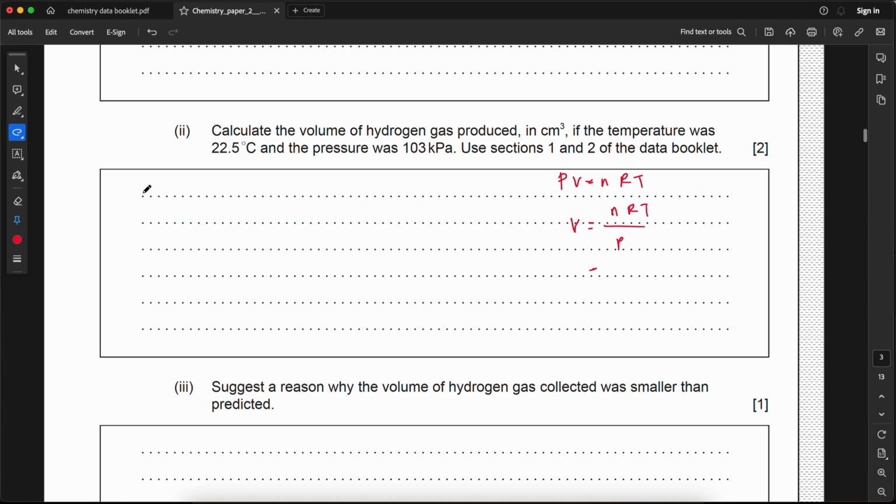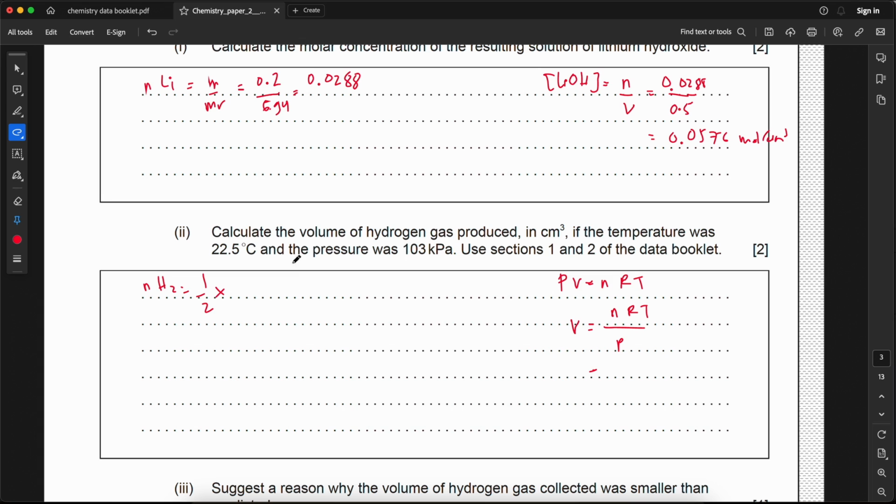So the mole of H2 should be half of the mole of Li. So mole of H2 will be half times 0.0288. You will get 0.0144 mole. So that would be 0.0144 times the gas constant times the temperature, which is 22.5 degrees Celsius, so we change it to Kelvin, which is 295.5 Kelvin, and then divided by the pressure, which is 103.